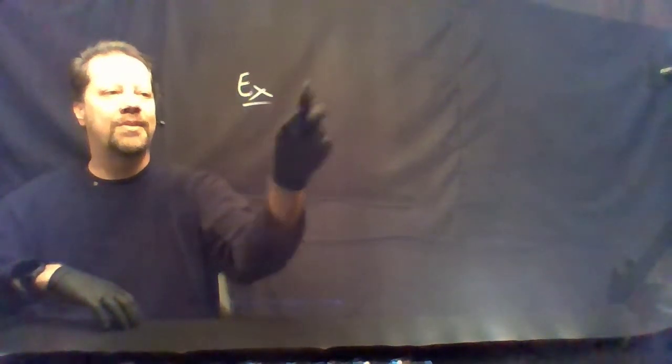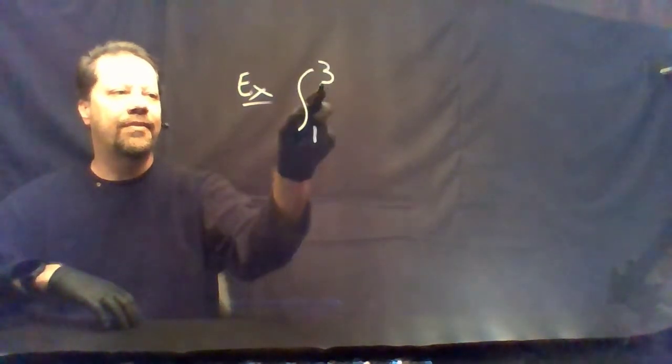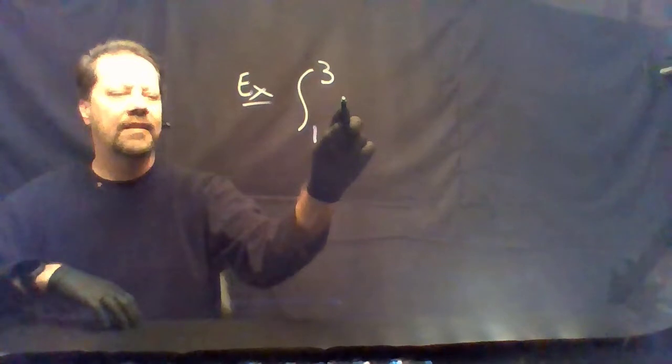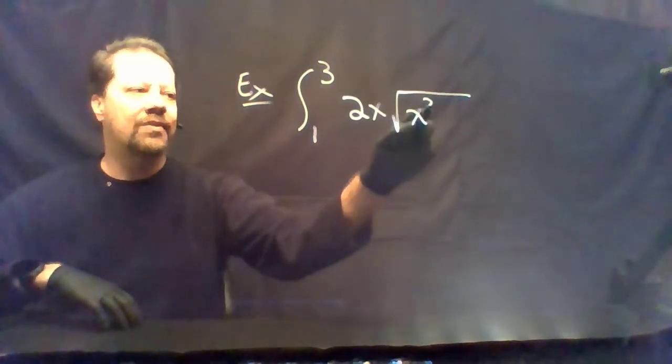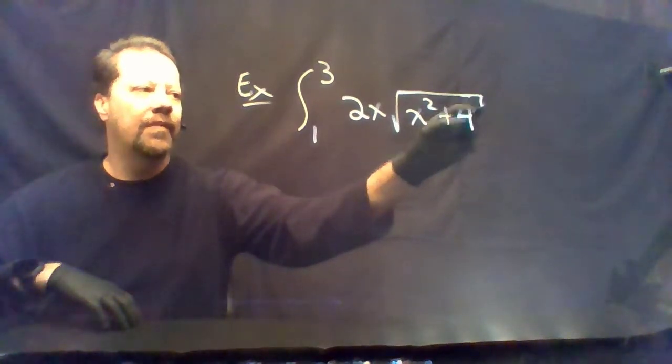How does substitution work when we have limits of integration? Let's suppose that we're integrating from 1 to 3 of, let's say, 2x square root of x squared plus 4 dx.